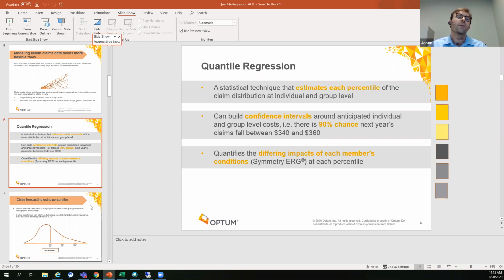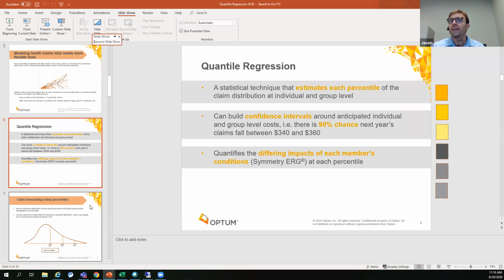And lastly, with this quantile regression we're able to really quantify the differing impacts of a member's conditions. We sort of alluded to that before when we looked at those equations with the ERG. But the basic idea is that the impact of diabetes, for example, at the center of the distribution is maybe represented by the risk score 1.2 or by an additional, say, $30.